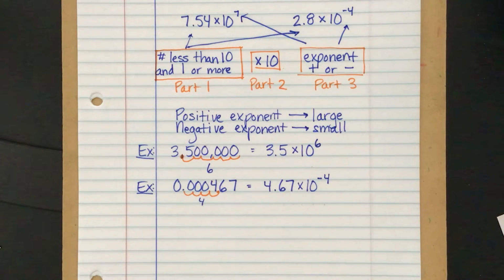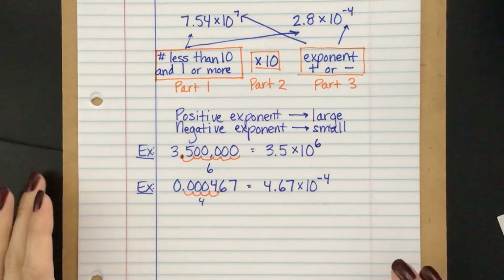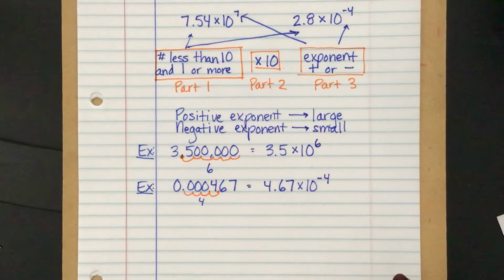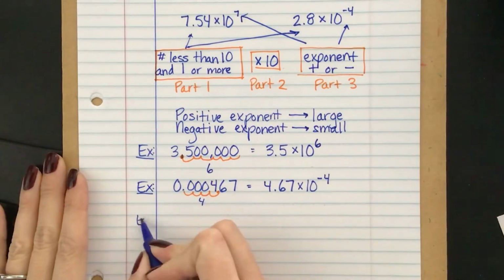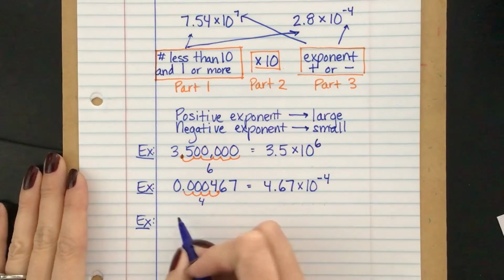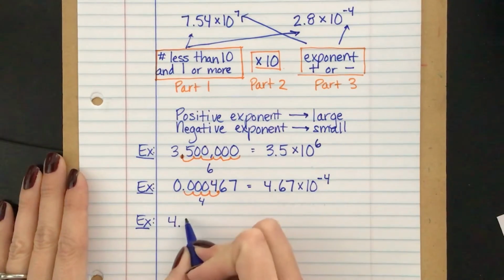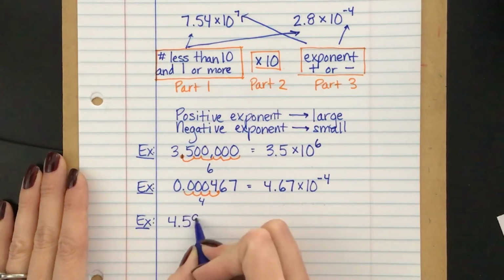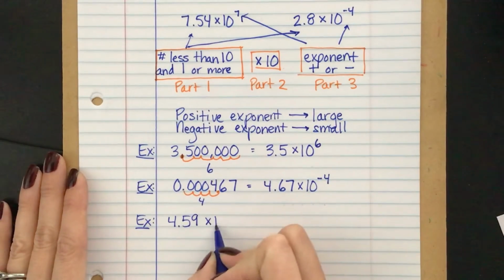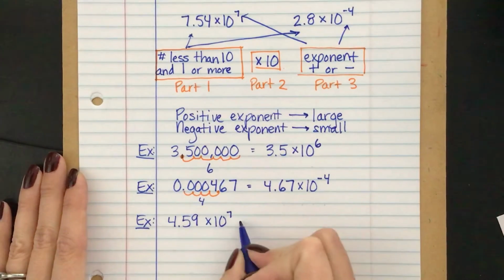Yes. Great. Okay. I am going to quickly show you how to then take scientific notation and write it in its regular form. So let's take a look at this example. We have 4.57 times 10 to the 7th.